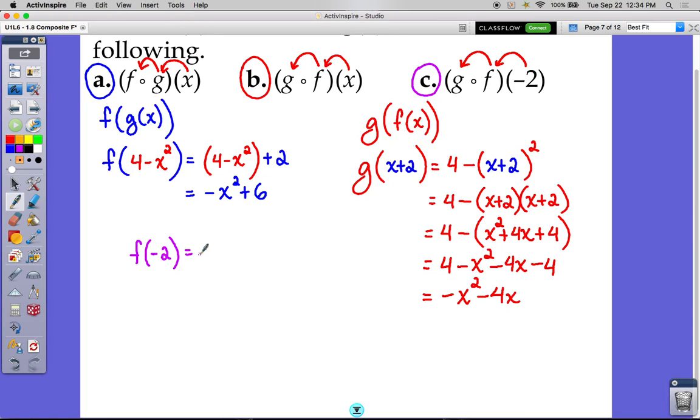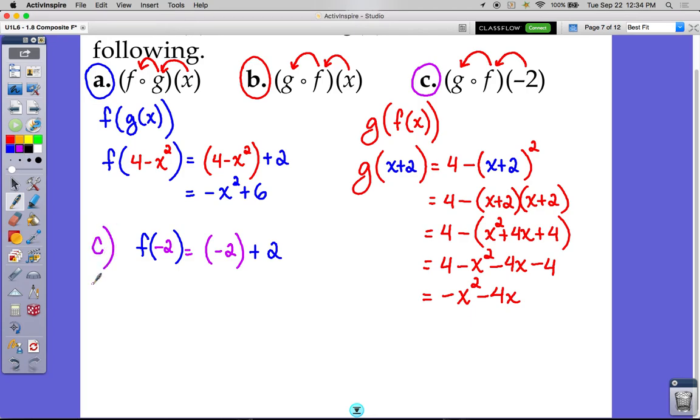Well, f of x was x plus 2, so I'm replacing x and only the x with a negative 2. Let's change some colors here, because this is f of x. So let's say I'm replacing with a negative 2, and this was again part C.